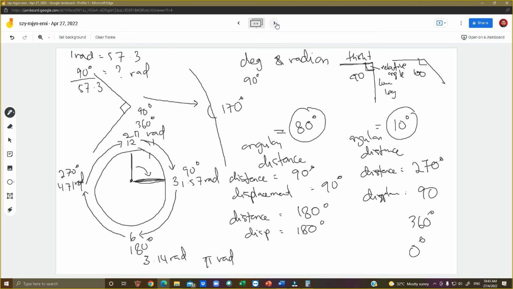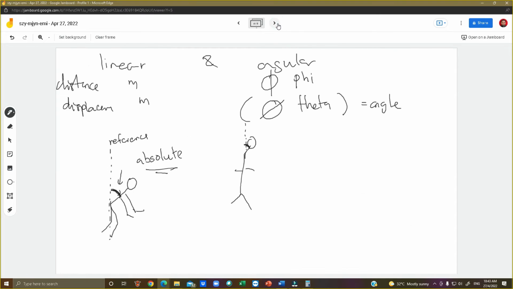Yang saya kata tak kisahlah kamu nak pakai mana-mana, distance ke, displacement. So, in angular, theta is displacement. Pi is distance. So, kalau velocity is displacement over time, in angular, velocity is known as omega. Displacement is known by theta, time tak ubah lah, time lah. Sama je. Kalau speed equals distance over time, for angular speed, nama dia, apa ni tadi? Sigma.